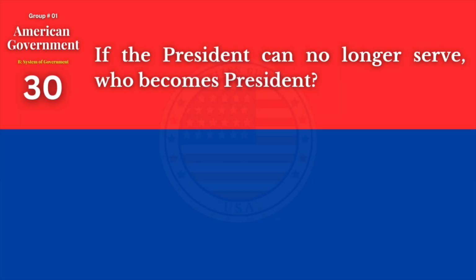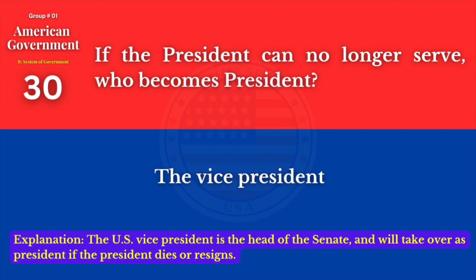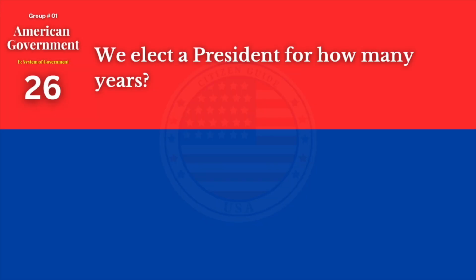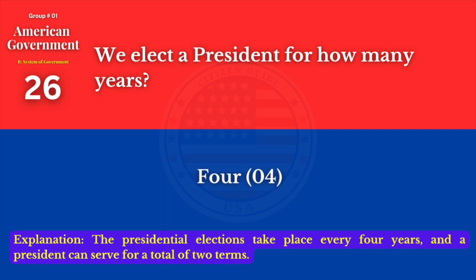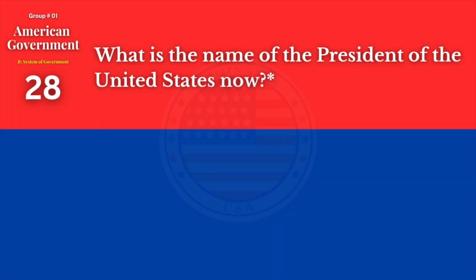If the president can no longer serve, who becomes president? The vice president. We elect a president for how many years? 4. What is the name of the President of the United States now?